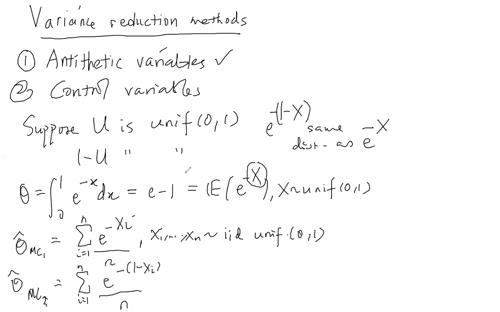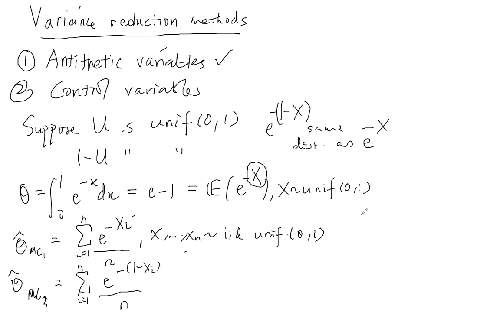Okay. And since both of these expectations are equal to theta, you can check very easily that the expectation of the first Monte Carlo estimator is theta, and also for the second estimator is also theta, right?